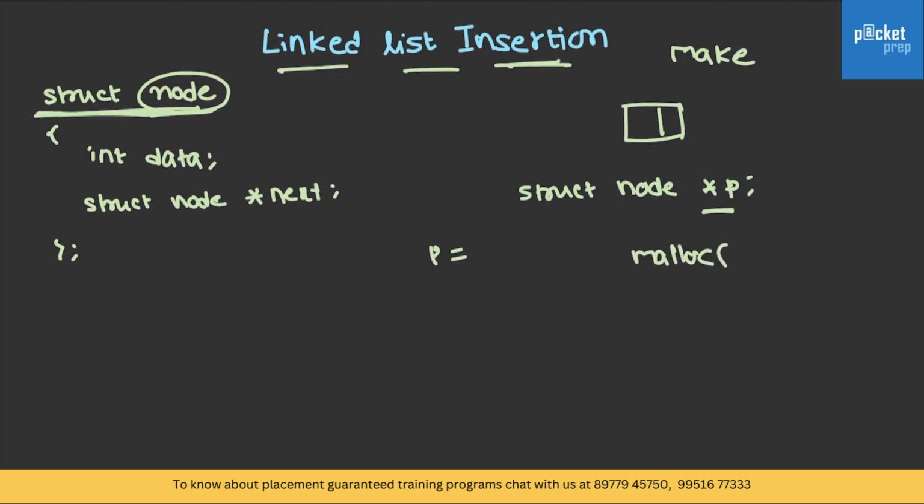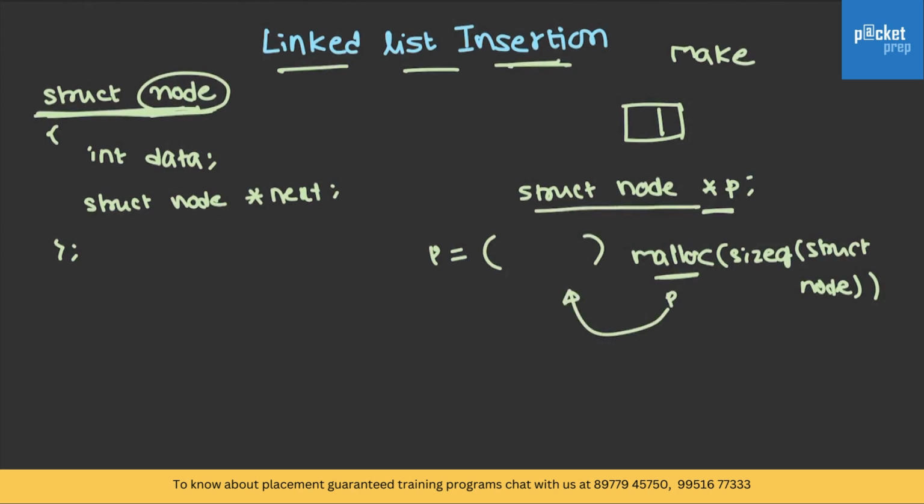Memory has to be allocated and the size of the memory that has to be allocated should be equivalent to the size of this node. So sizeof struct node, and it returns a pointer to the start address that has to be typecasted to struct node pointer. So struct node pointer has to be written here. After this statement, memory has been allocated and the start address will be returned to the pointer.